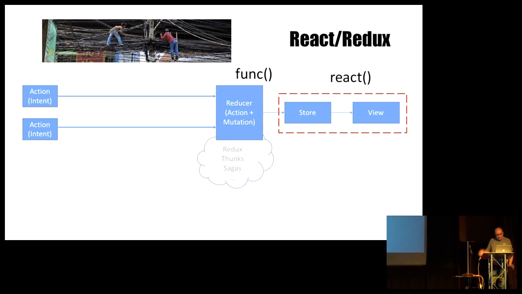You have to use thunks and sagas and lots of other stuff that start popping up, GraphQL, Relay, and whatnot. But it's truly functional. The reducer is functional. The front-end part is reactive, so we start to be in the realm of FRP.